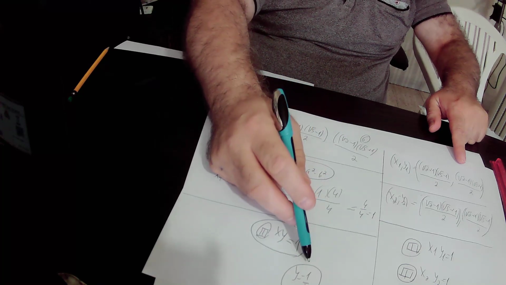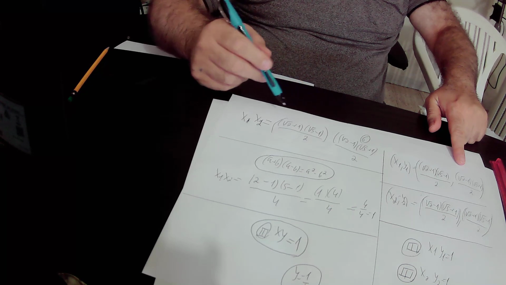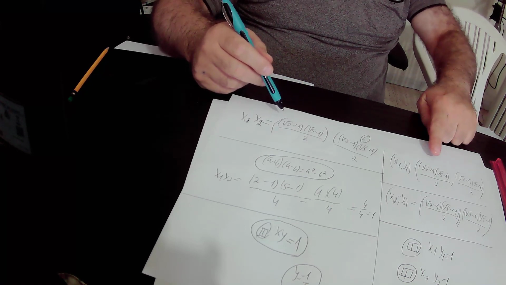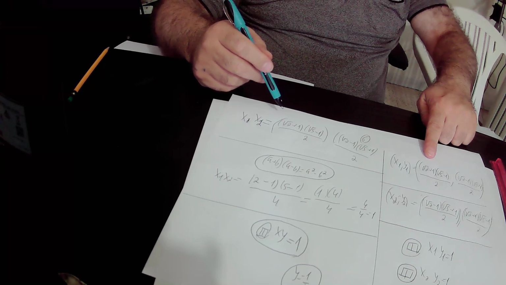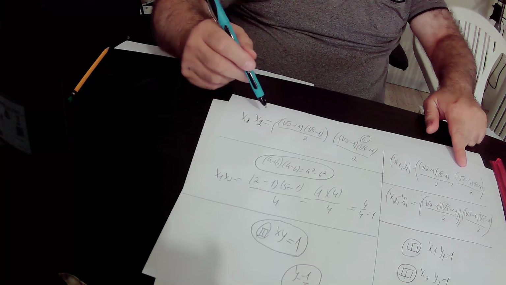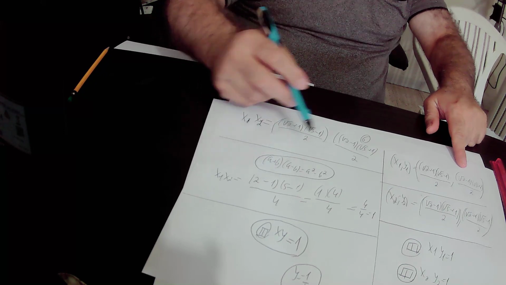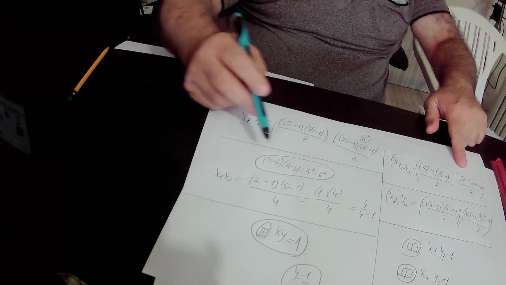Y equals 1 over x. And x1 times x2 is 1. So if we have here x1, then y1 must be equal to x2 because of the fact that x1 times x2 equals 1 and x1 times y1 must be also equal to 1.